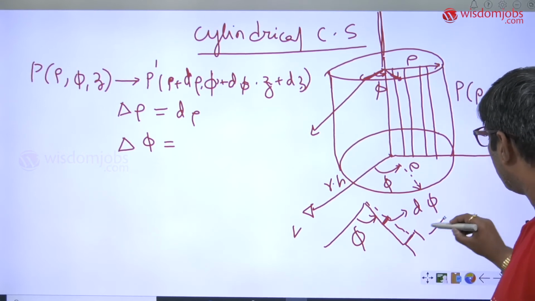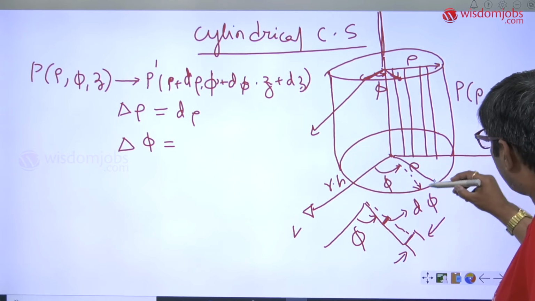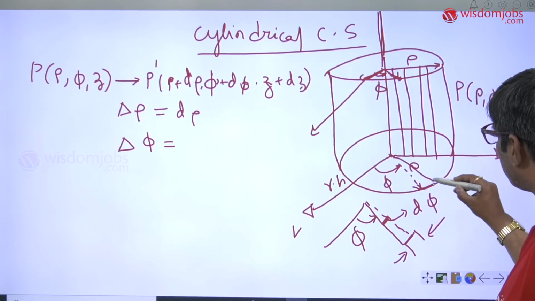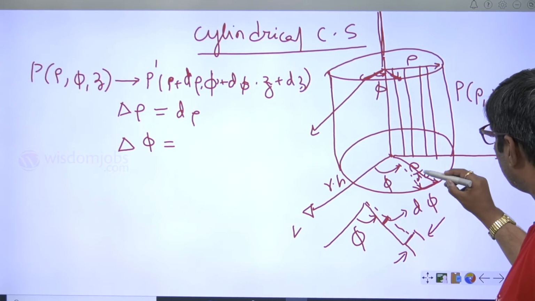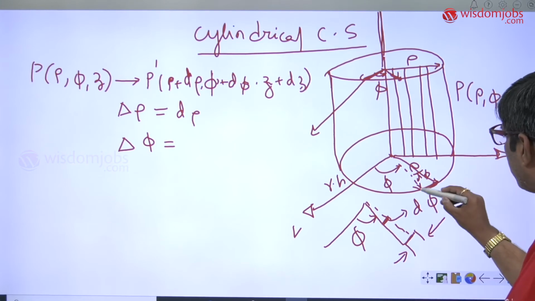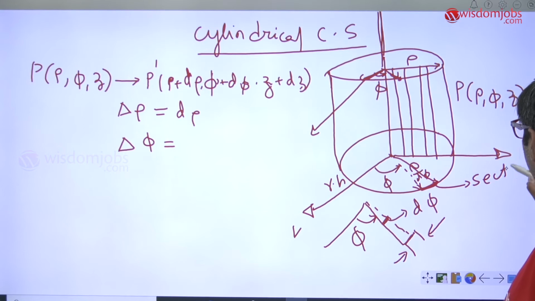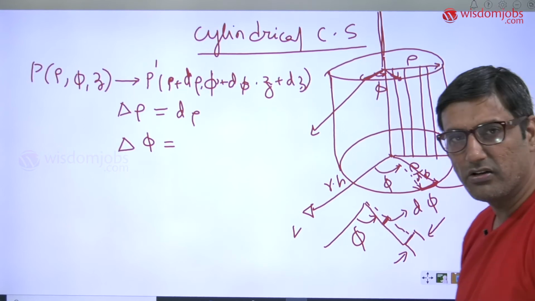If you observe, this would be a part on the circle. So this is d phi. I want this part, right? How to evaluate this part? Since it is a portion on the circle, it is a sector. And what is the formula for length of a sector from your lower classes?